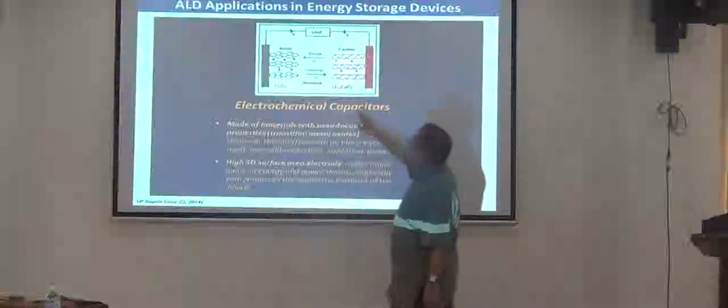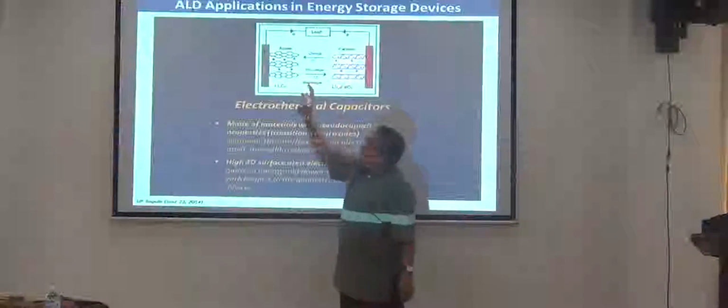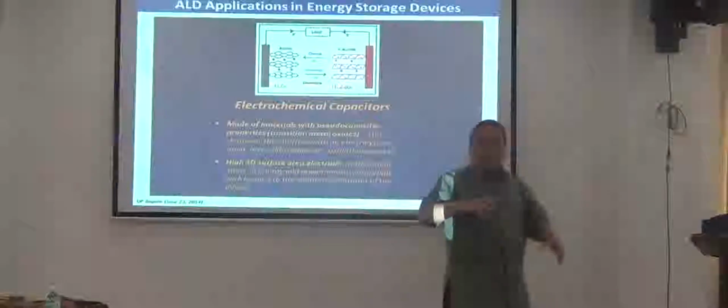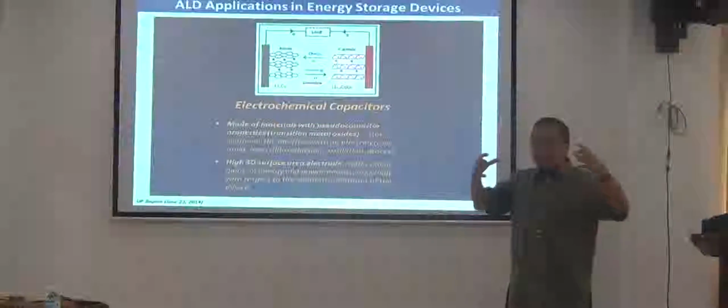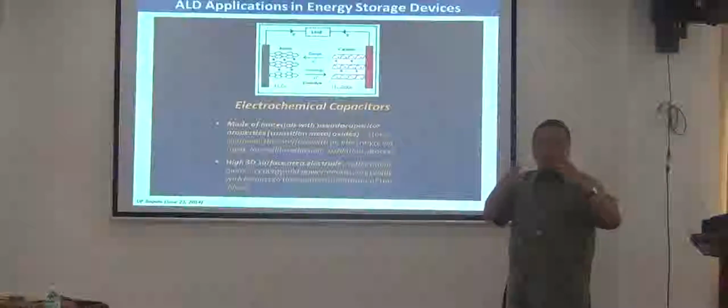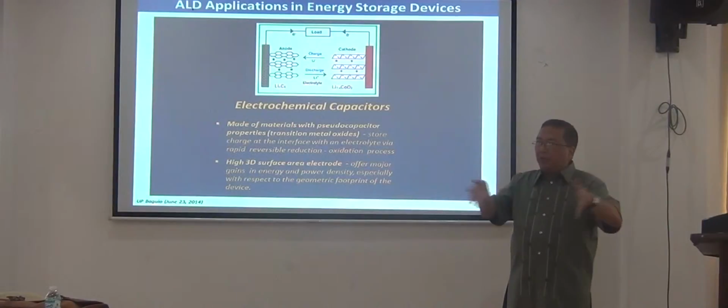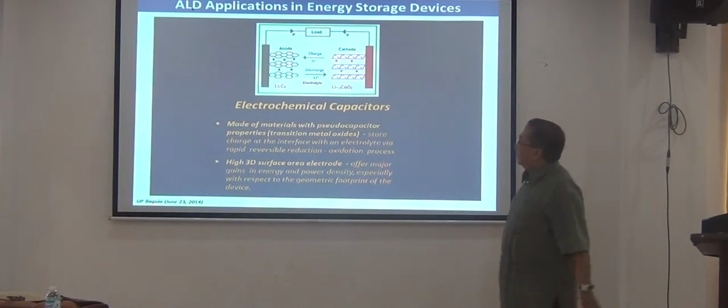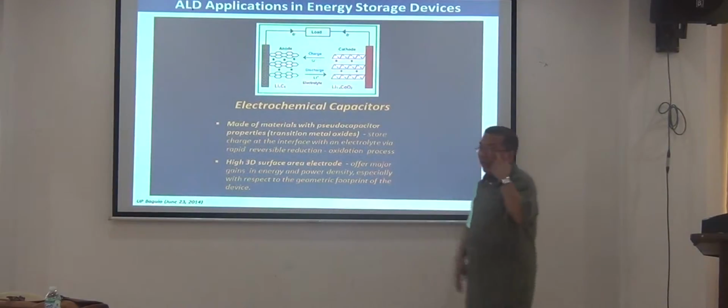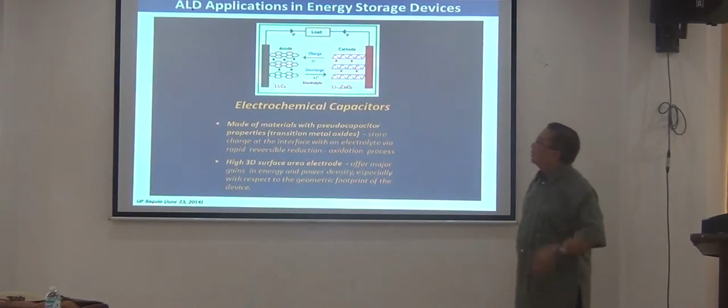And so you want to develop materials for this. And the anodes and the cathodes, you want them to have three-dimensionality. In other words, you want to have cathodes with very high surface area because those are the ones that will store the charge, and that will determine the energy that will be stored in your capacitors.